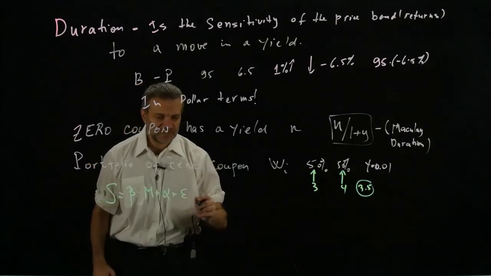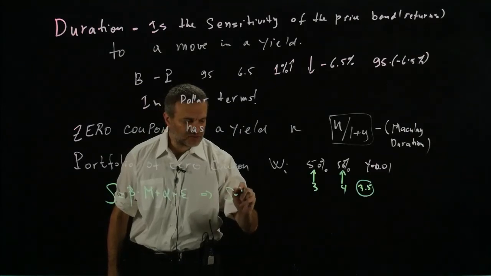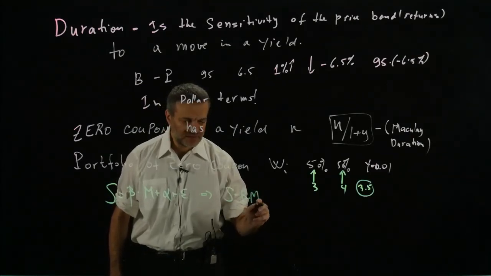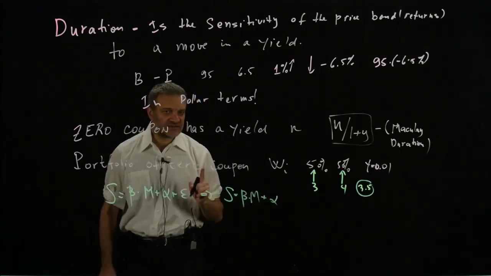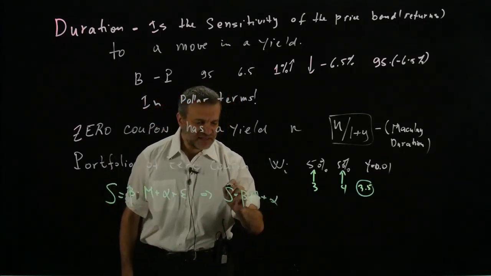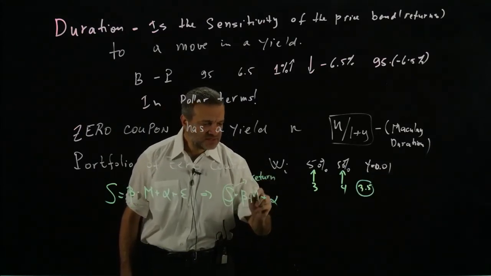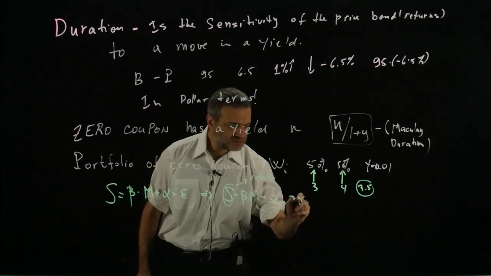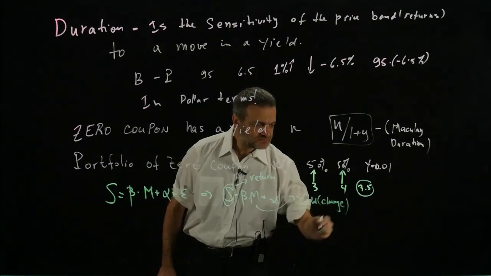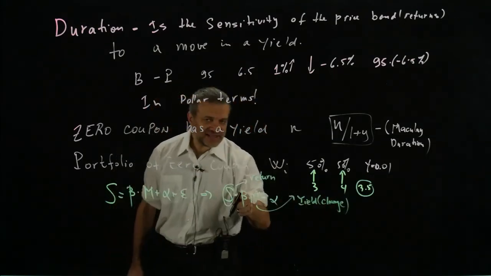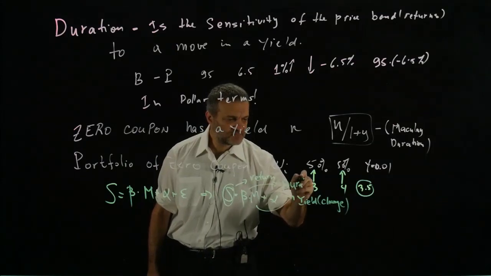Now, if epsilon equals 0, you get that S equals beta times M plus alpha. In the case of a bond, this is the return of the bond, this is the yield, or rather the change in yield. So beta in this case will be the duration.